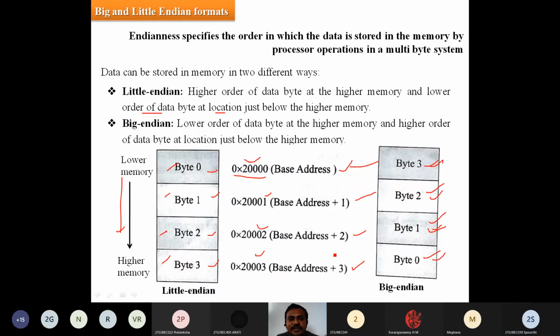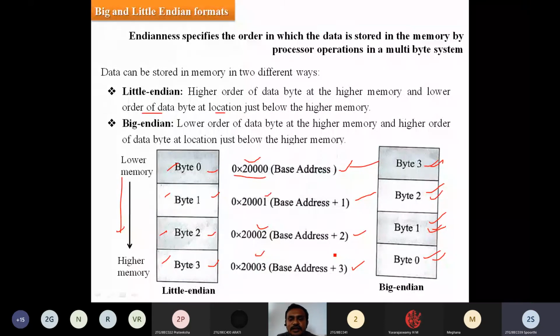The Little Endian concept is storing the data from lower memory location to higher memory locations. The lower data in lower memory, higher data in higher memory. Big Endian is the reverse of that. That is nothing but lower data in higher memory, and higher data in lower memory.